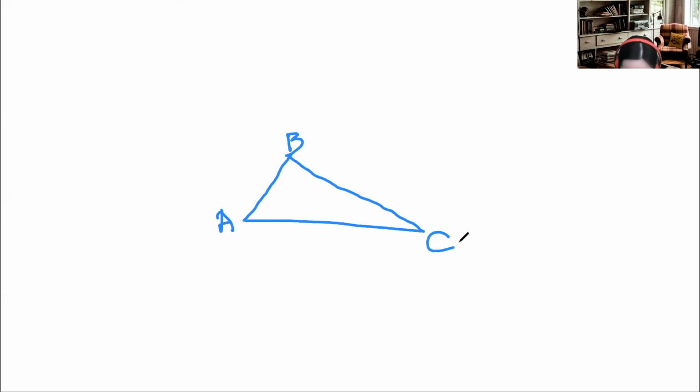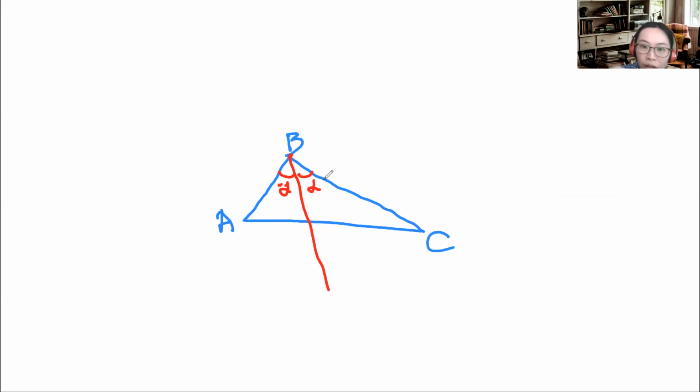And let D be the intersection of the angle bisectors at B and C, okay? So roughly here, right? That's the angle bisector.